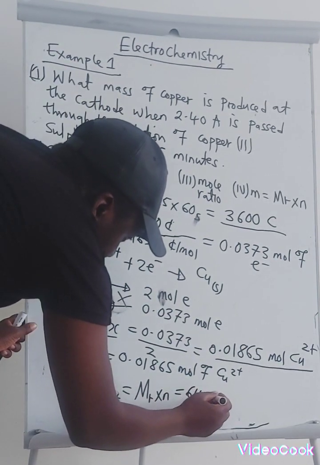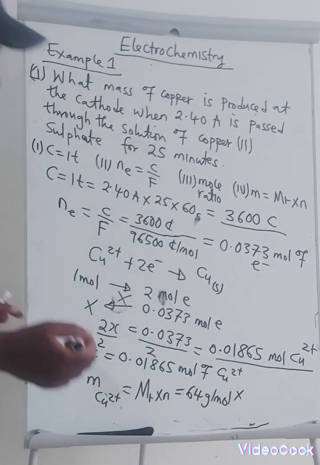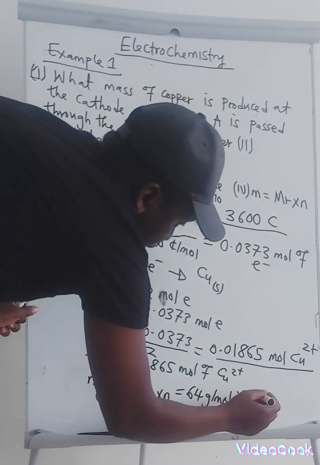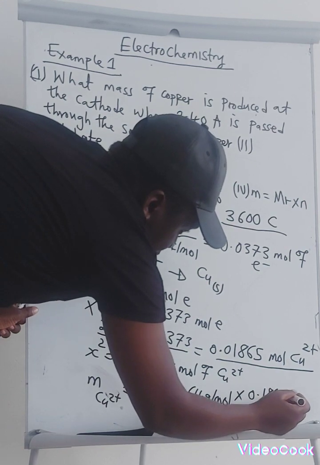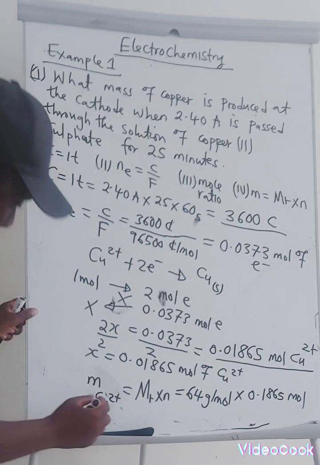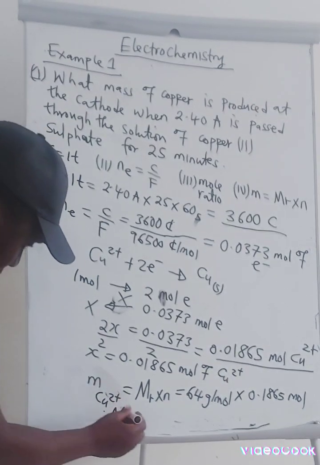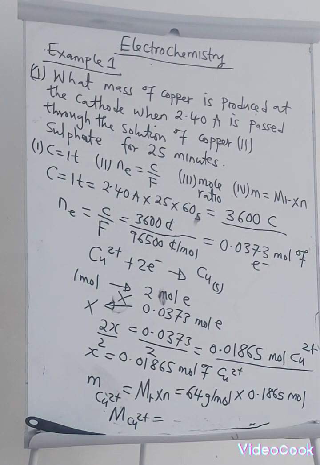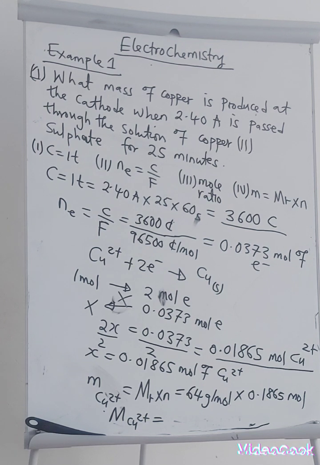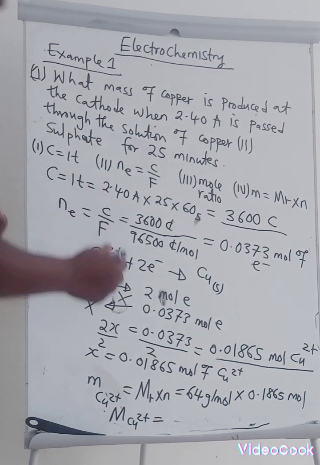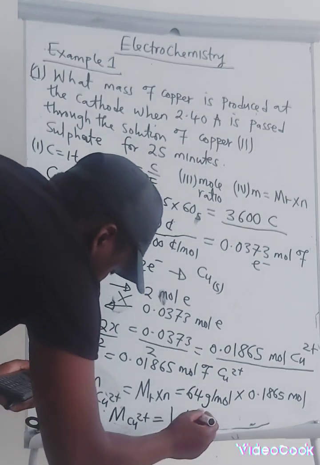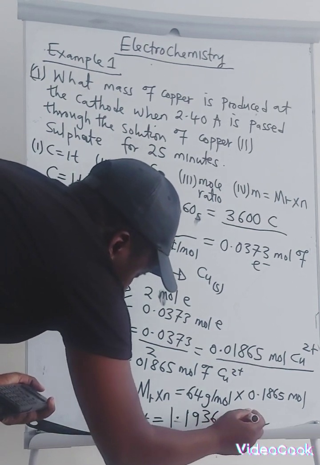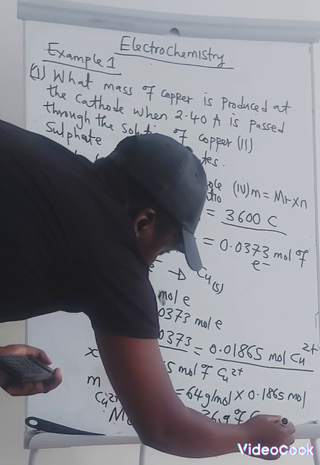Mr is 64 grams per mole, multiplied by the moles, 0.1865. So 0.1865 multiplied by 64 is equal to 11.936 grams of copper.